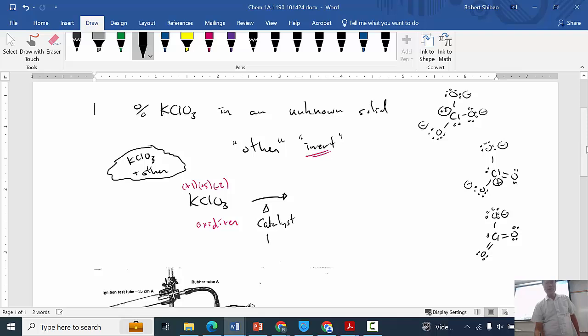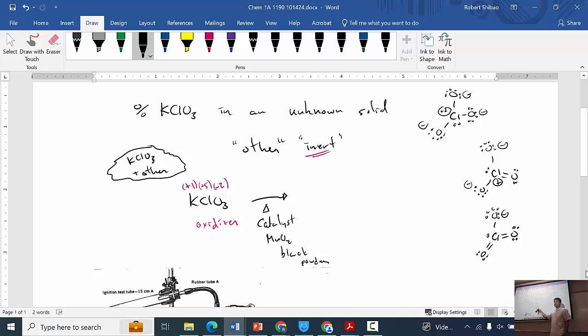The catalyst we're going to use is MnO2, which is a black powder. MnO2 is called manganese... not manganese 2, because oxygen's -2.